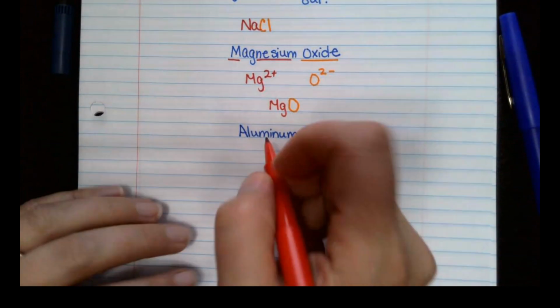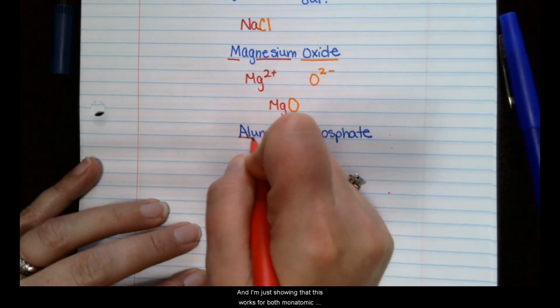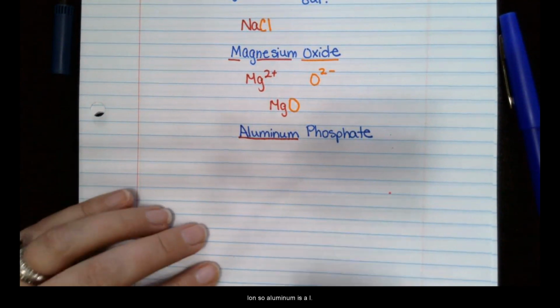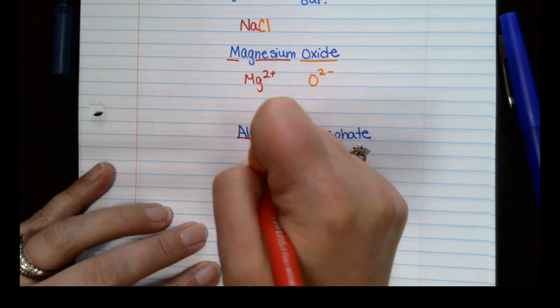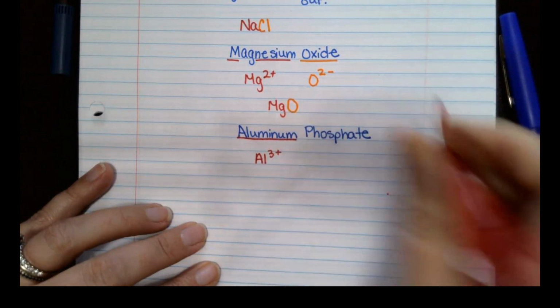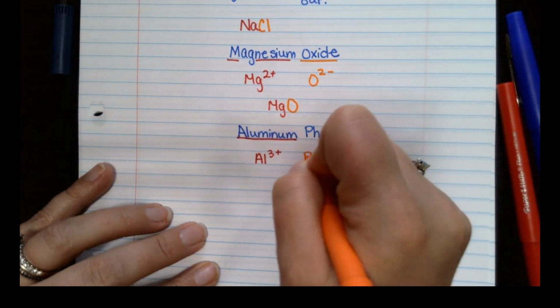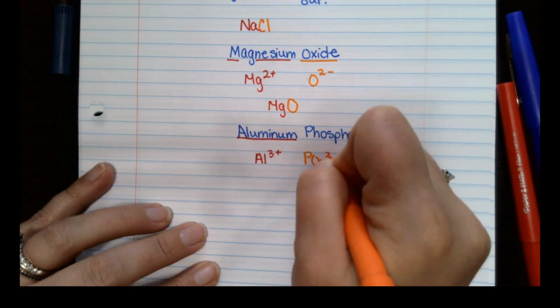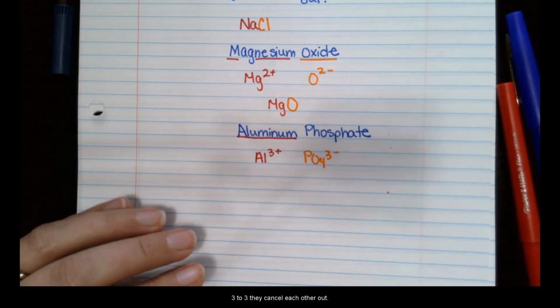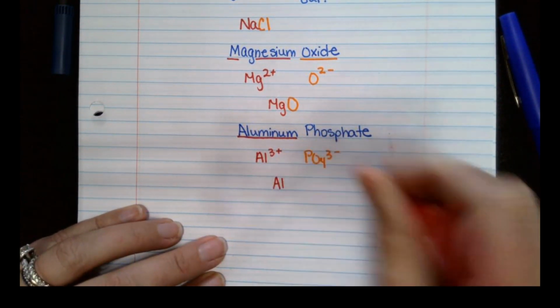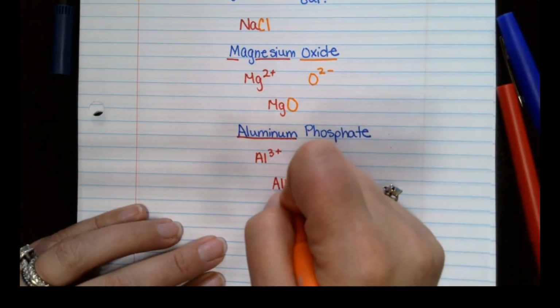That'll help you. I'm just showing that this works for both monatomic anions and polyatomic ions. So aluminum is Al3+. Phosphate is PO4 3-. You've got the 3 and the 3. They cancel each other out. So it goes Al PO4.